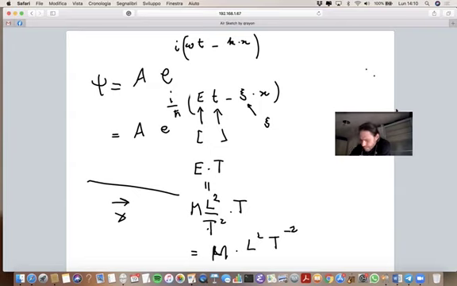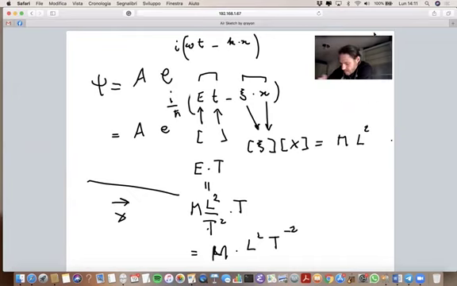So by analogy, this product must have the same dimension as this product. So the length coming from x times the dimension of ξ must be mass length squared times time to the minus 2.